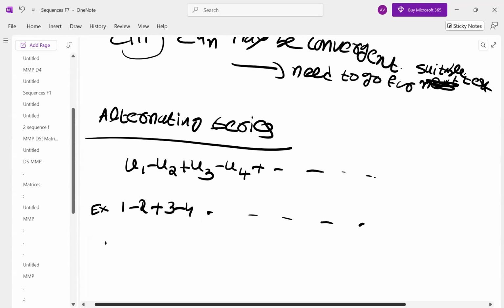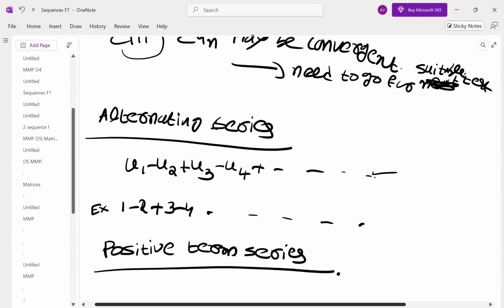Next, positive term series. So how to test for them? This we'll see towards the end. The convergence and divergence of this will be tested. First, the preliminary test. Whenever there is ambiguity, if it is 0, go to the alternating series test. That we'll discuss later. At present, our topic under discussion is positive term series. So, when is it convergent? We are going to discuss that now.